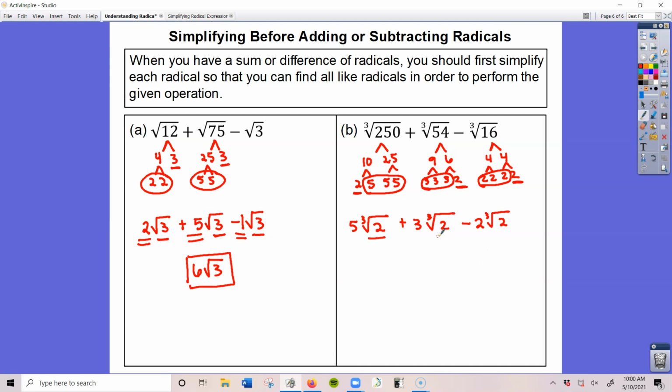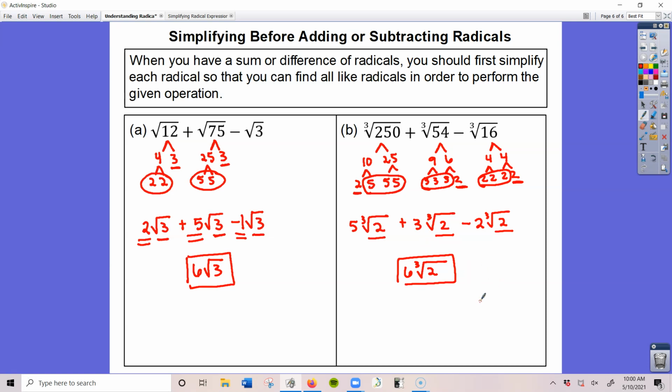Now I notice that all of my radicals are identical. So we can combine only the numbers that are on the outside. 5 plus 3 is 8, minus 2 is 6, and then attach the radical, which is the cube root of 2. And this would be our final answer.